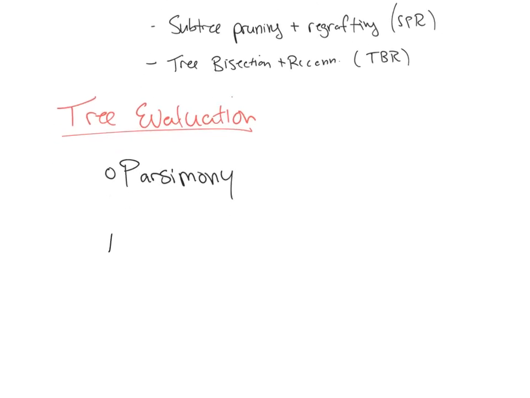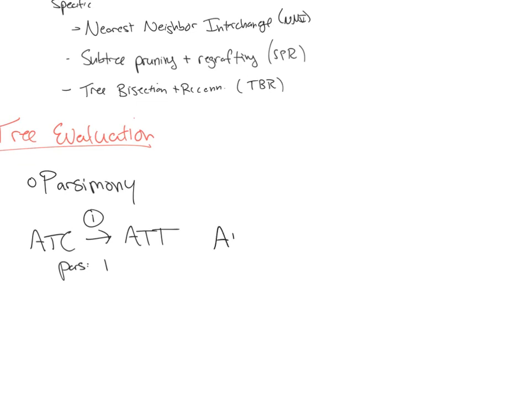As an example, if I went ATC to ATT, this has a parsimony score of 1. But if instead I started as ATC, went through ATG, and then got to ATT, this is 1, 1. This is a parsimony score of 2. This may be a bit misleading. You can have very high parsimony scores and only one path, just an example.